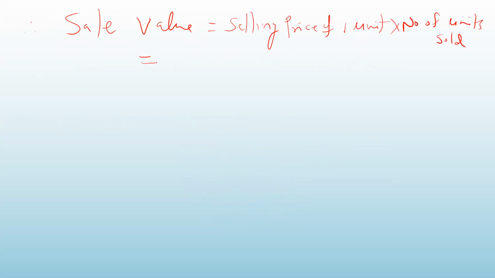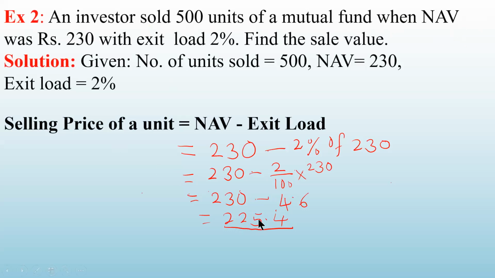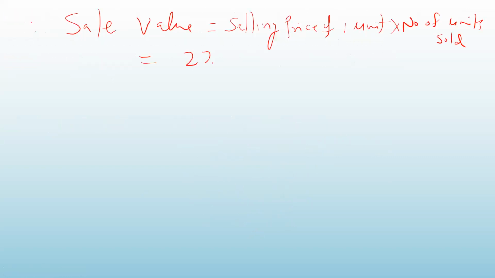Now, what is the selling price of 1 unit? It is 225.4. And how many units he sold? 500. So 225.4 is the selling price of 1 unit multiplied by number of units sold, 500. Calculate. So how much? 1127.